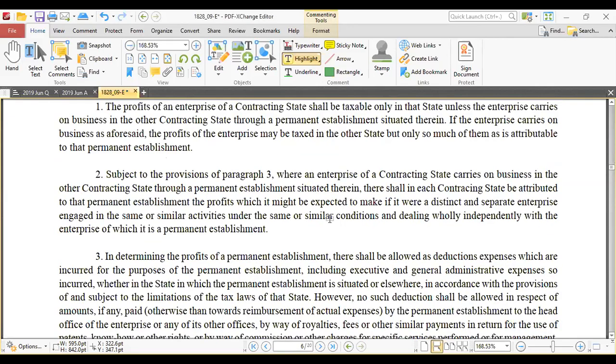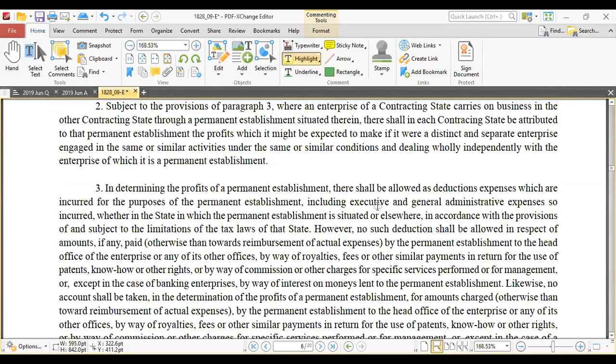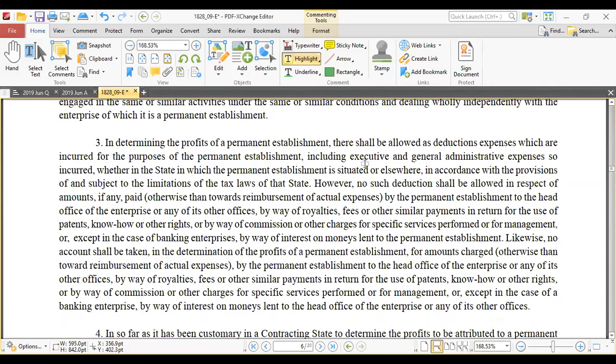Here it says there shall be allowed as a deduction expenses which are incurred for the purpose of the PE, whatever we discussed in the table.